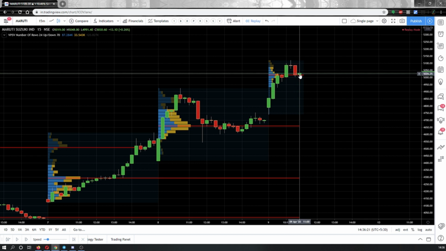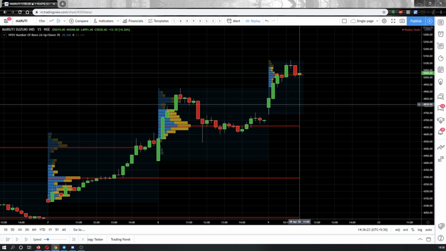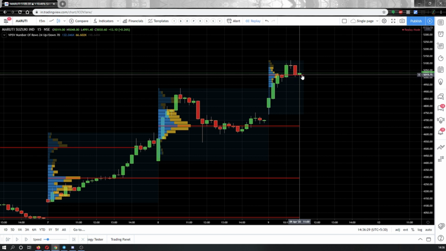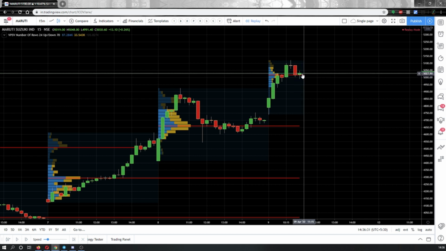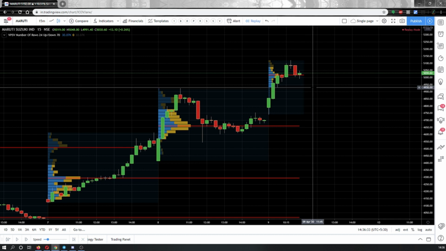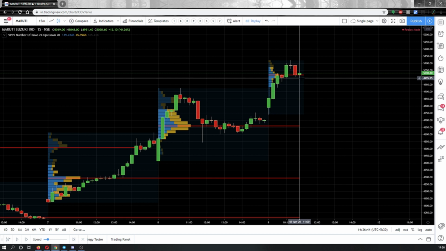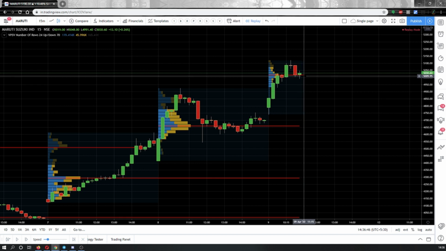And the same happened in the 11 o'clock candle also, right? The sellers tried to push the prices down. But by the time the candle closed, it was above the POC line, which tells you that the bulls are not ready to be suppressed. The bulls are not ready to accept a lower price. And that is the reason why the bulls are again pushing the prices up.